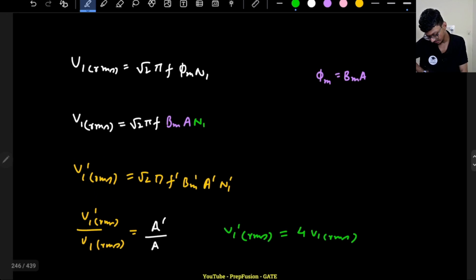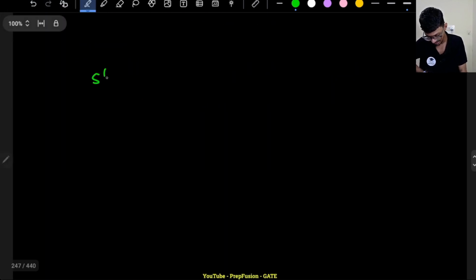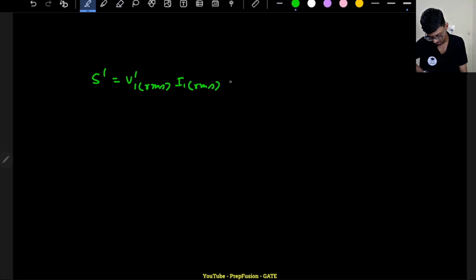Ultimately, if I have to find the new kVA rating S dash, it is V1 dash RMS into I1 dash RMS. What is V1 dash RMS? It is 4 times V1 RMS, into 4 times I1 RMS.